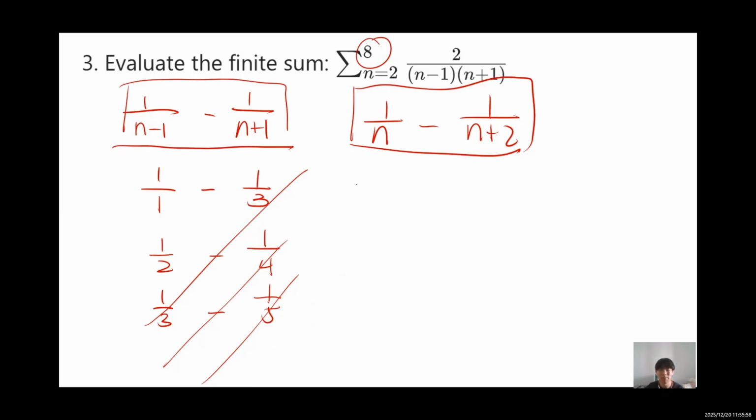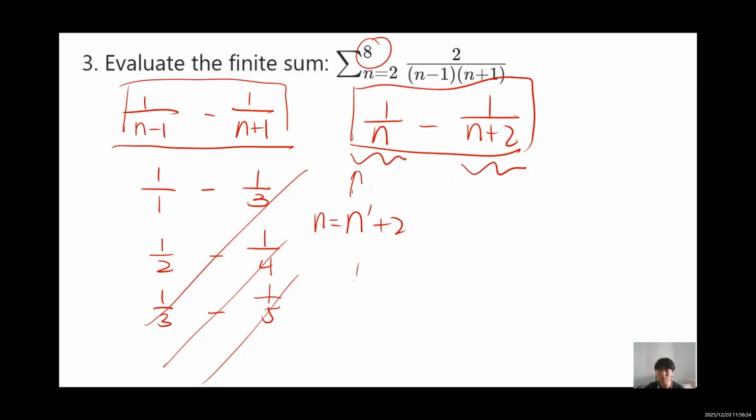Because they illustrate the relationship between the previous term and the next term. Let's say, for example, if we plug in n equals n prime plus 2, let's see what will happen.